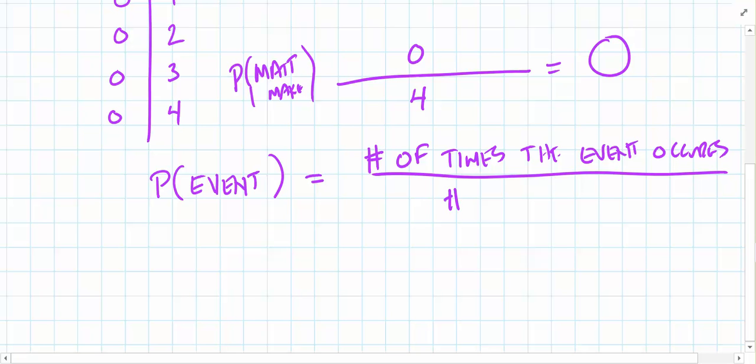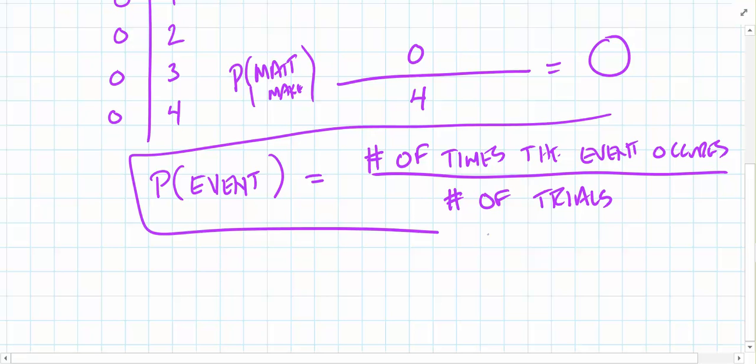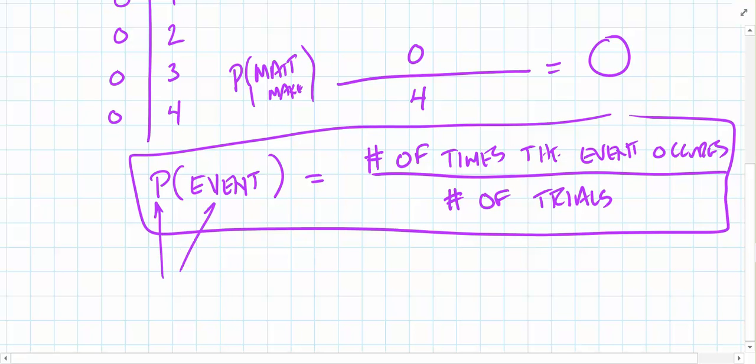The number of trials that we've done, right? P stands for probability of the event happening, and it can be calculated by the number of events that have occurred divided by the number of trials.